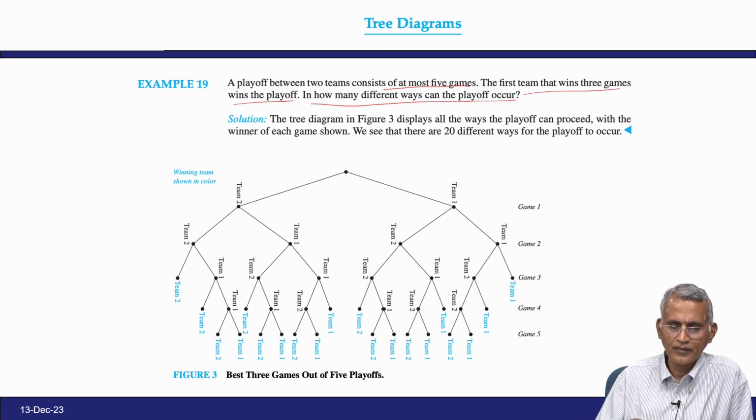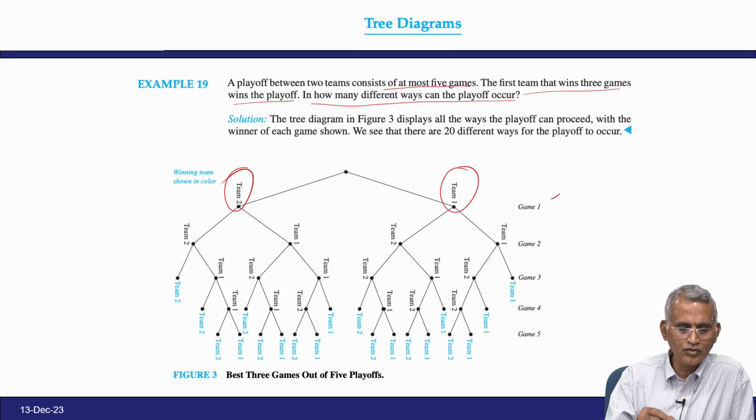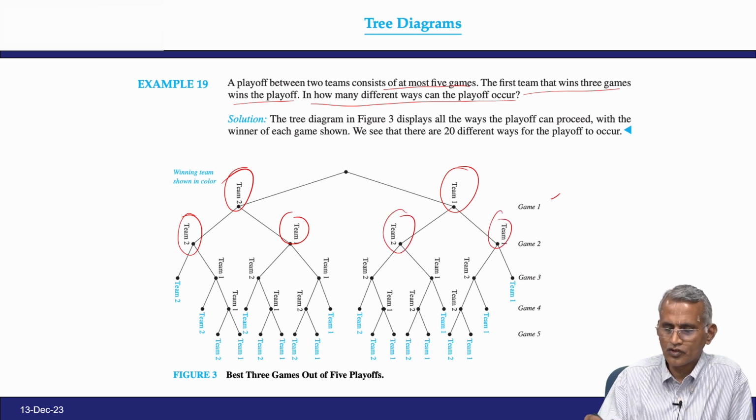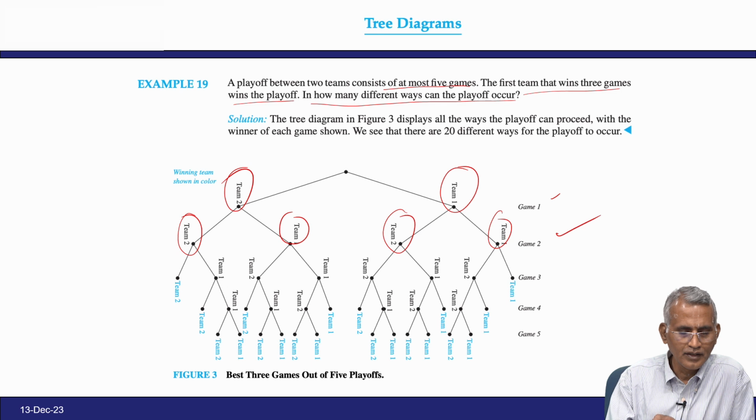Let us see, game 1 consists of team 1 and team 2, and then team 2 branches into team 1 and team 2, and team 1 branches into other possibilities. These are the possibilities of game 2, and then again team 1 and team 2 for each, and so on.